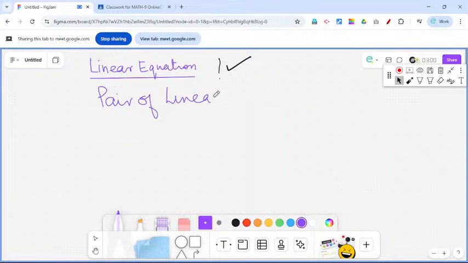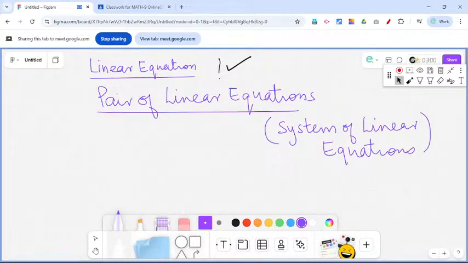And this pair of linear equations is also called a system of equations. So I can say system of linear equations. Okay?